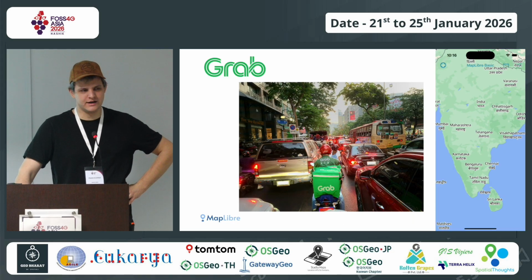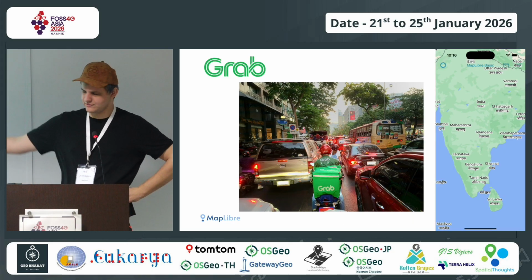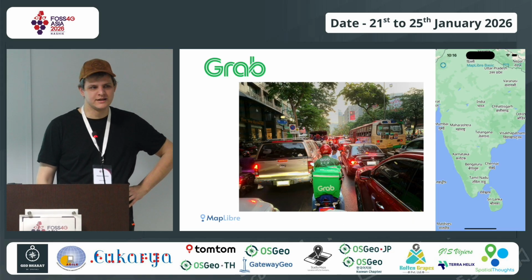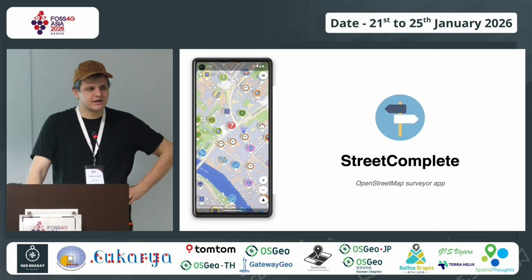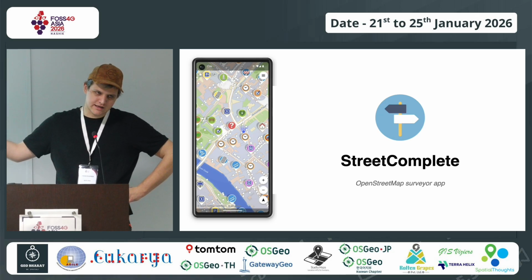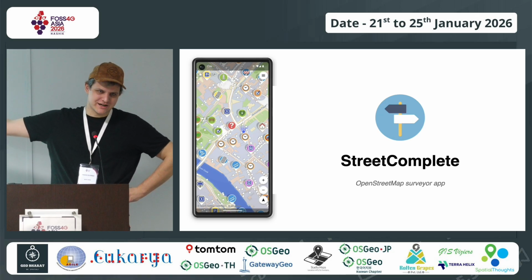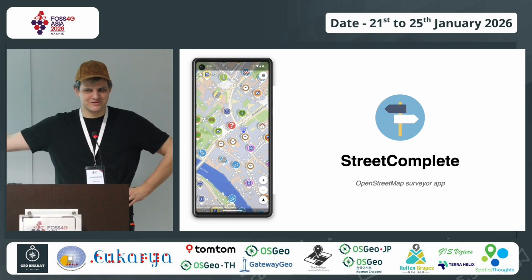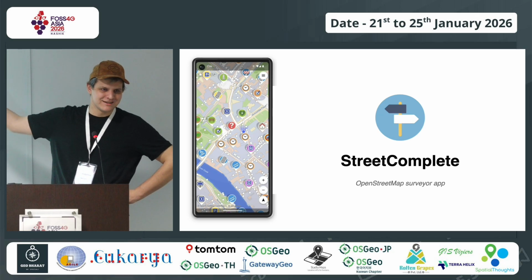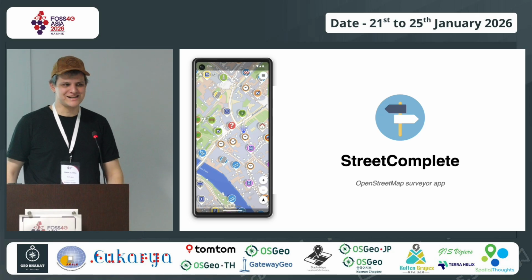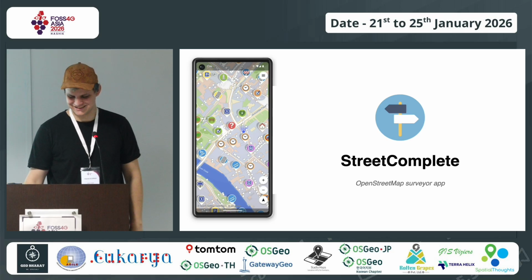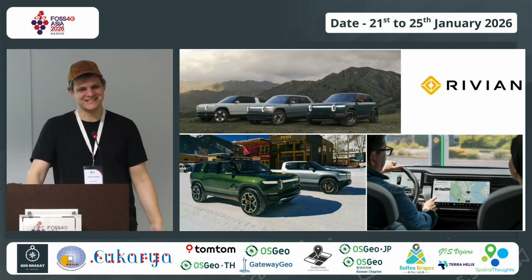We are in Grab, which might be more in the East Asia specific region. And we are powering StreetComplete now. Anecdotal evidence, the number of crashes on StreetComplete has reduced to basically near zero since they switched from 10 gram to MapLibre, which is great. We are more stable, not crashing. Basics.